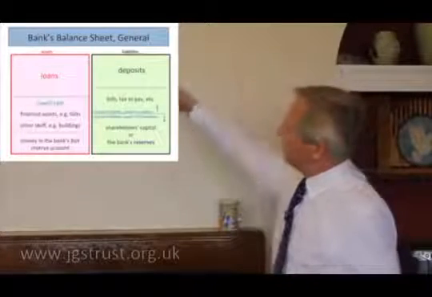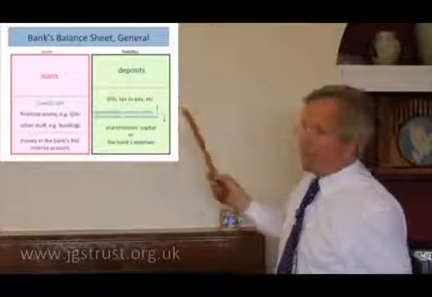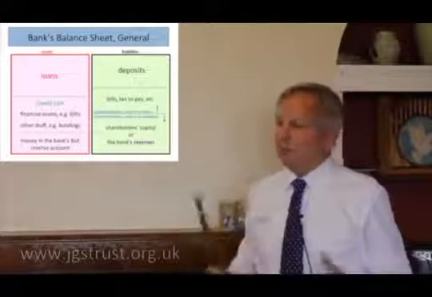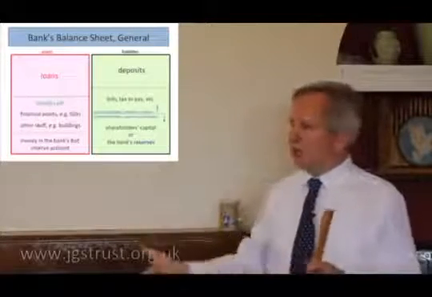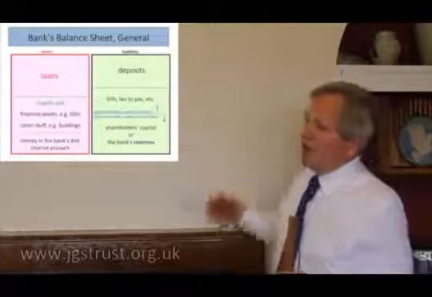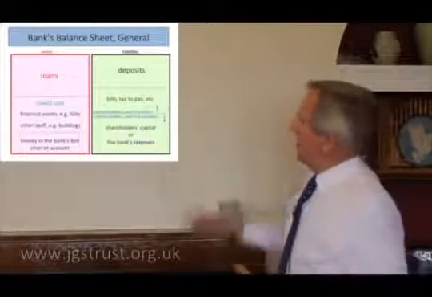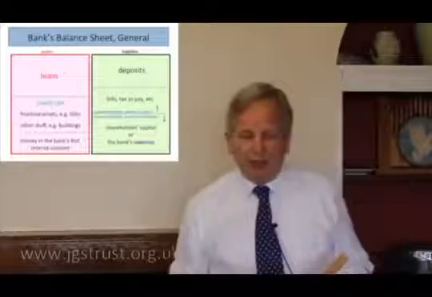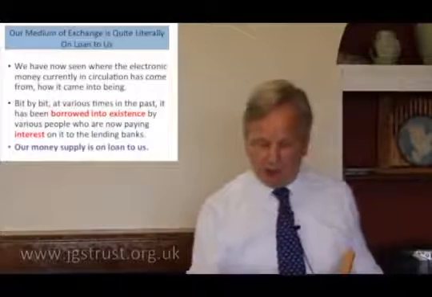The bank would call in all its assets, pay off all its liabilities, and with any luck there'd be something left over for the shareholders to take away, because the shareholders came in at the beginning with a certain amount of money, they've traded for a while, they might want to stop trading now and walk away with some loot. So that's where it accumulates in their shareholders' capital account.